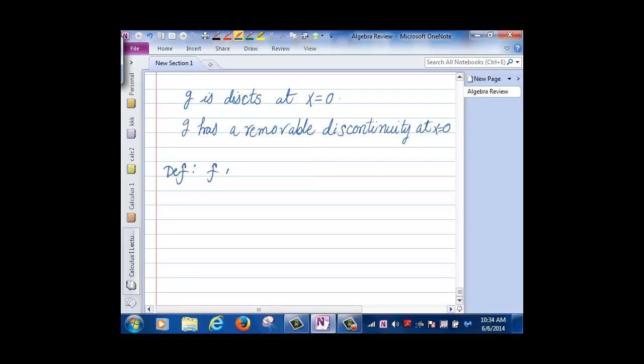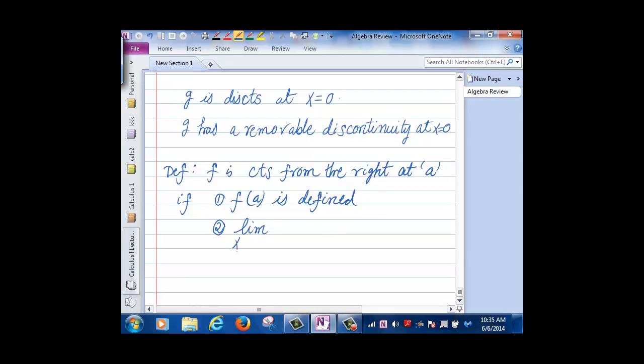We say that f is continuous from the right at a if one, f of a is defined, and two, the limit as x approaches a from the right of f of x is equal to f of a.